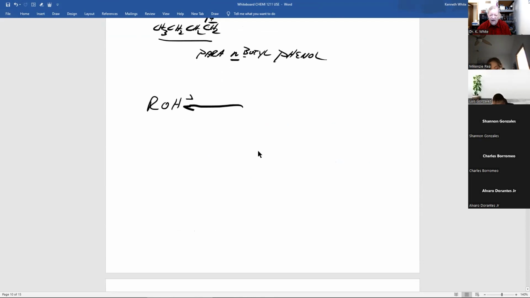We have an alcohol, it's in equilibrium where it gives up a proton. And notice the equilibrium arrow, I have it very tiny. If you consider this an acid, this is its conjugate base.